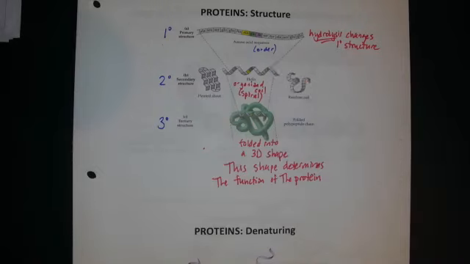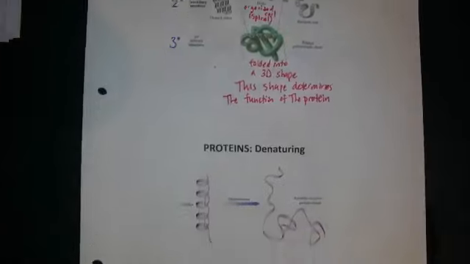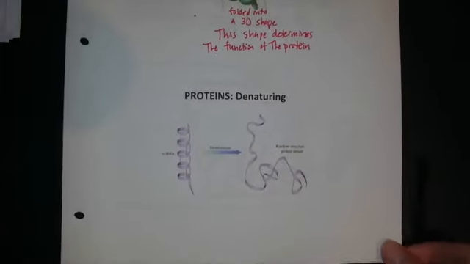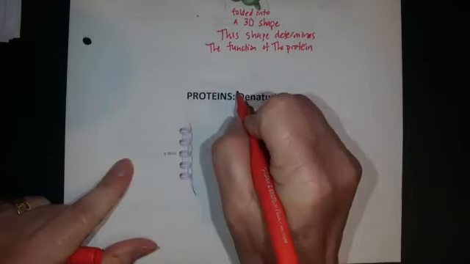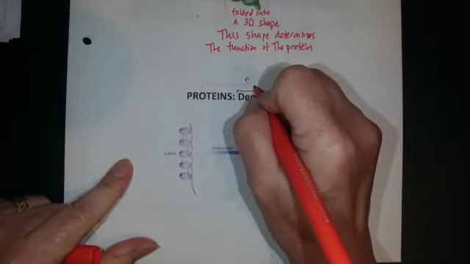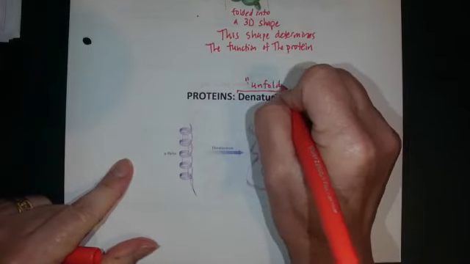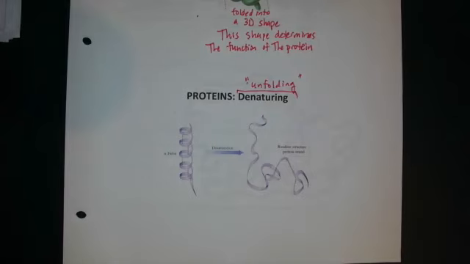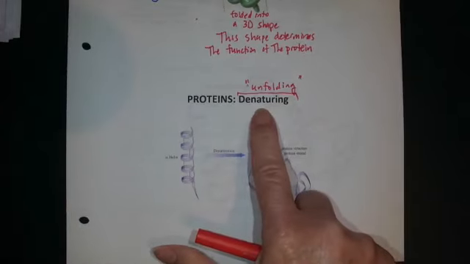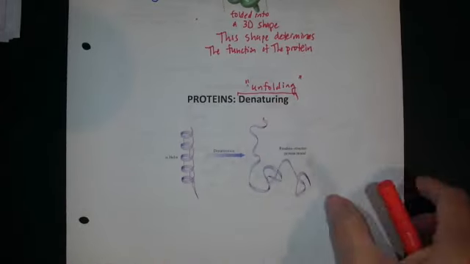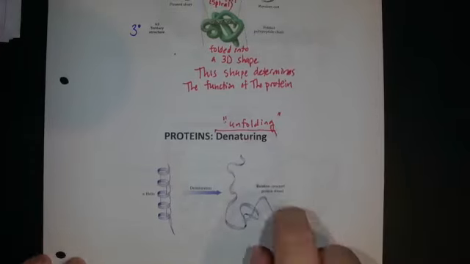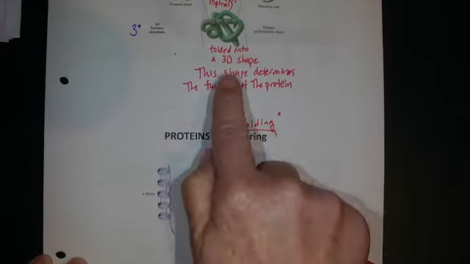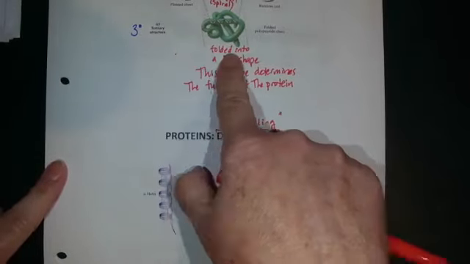What is denaturing? Denaturing, and I've slid it down here, a word that I'd like you to connect with denaturing is unfolding. That's what I'd like you to think denaturing as. Denaturing is unfolding. And as soon as you see that, then I'd like you to recognize the 3D, the tertiary structure, was called the folded structure.